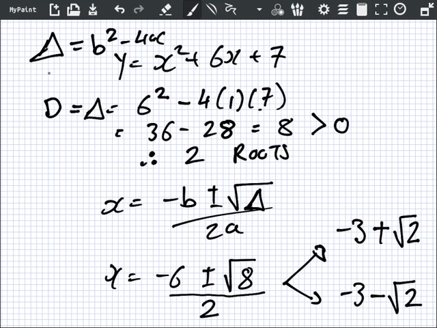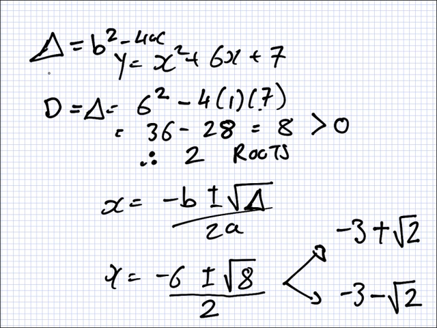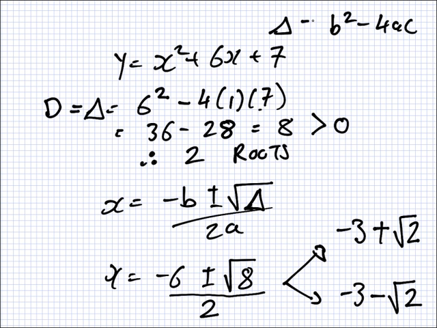I write this for short. I assume you all know the formula for discriminant, yeah? B squared minus 4ac is called the discriminant, the delta symbol I use, or some people use capital D.